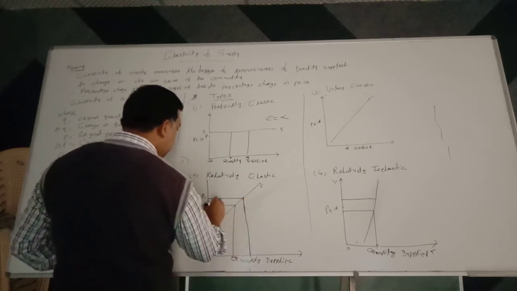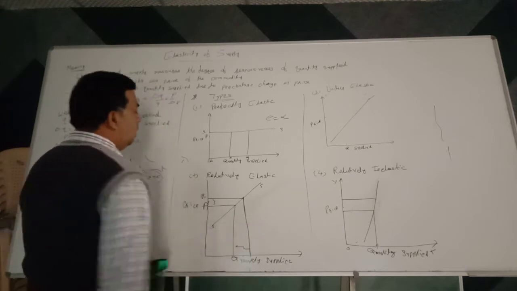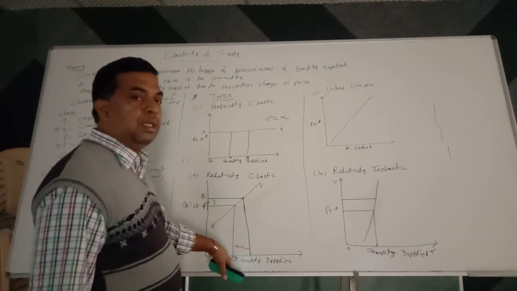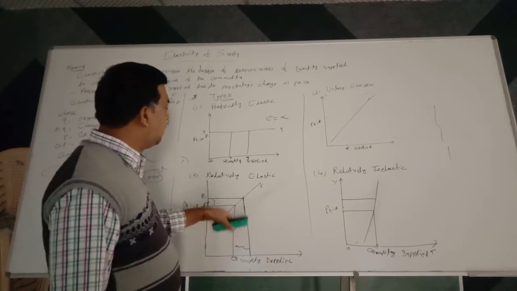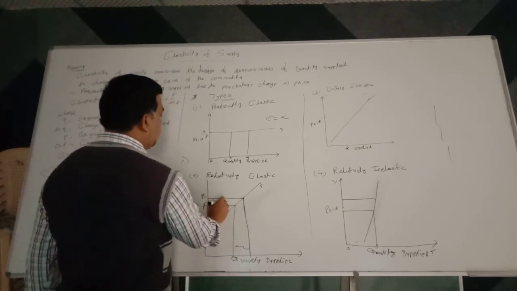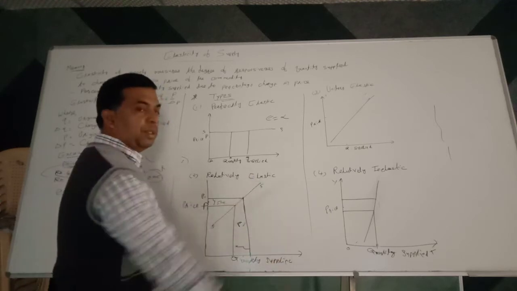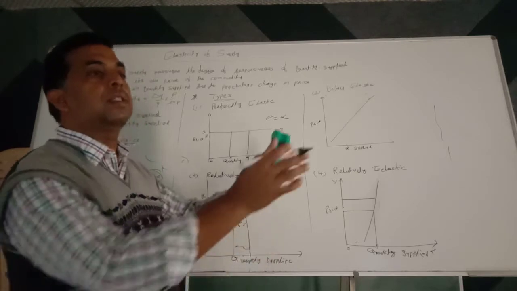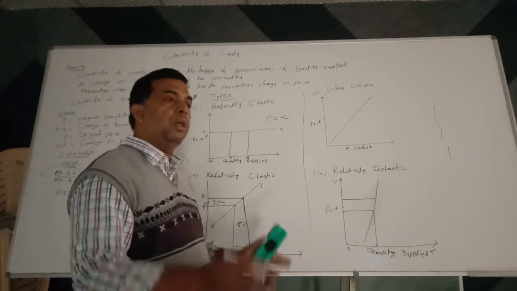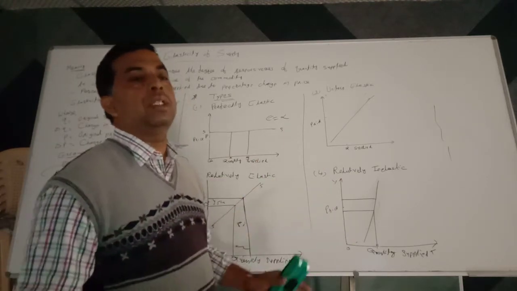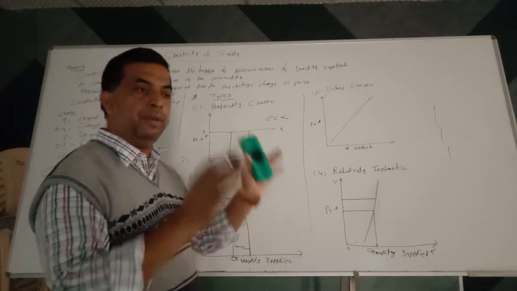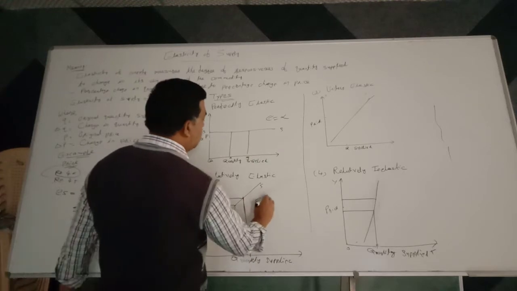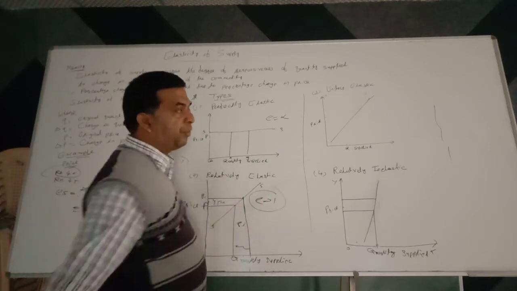So you can see the difference in delta. The proportionate change in supply is greater than the proportionate change in price. Suppose a 5% change in price leads to about 8 to 9% change in supply. That is an example of relatively elastic supply, and obviously elasticity will be greater than 1.